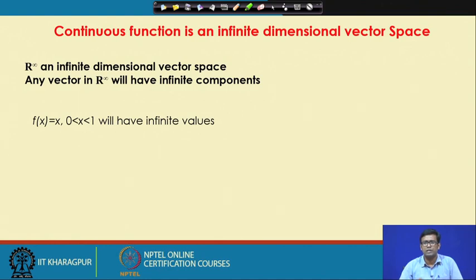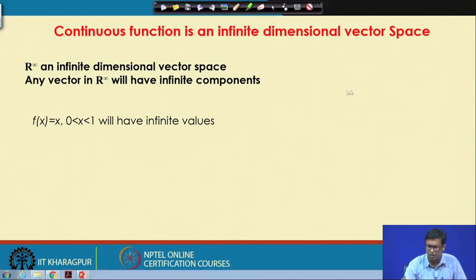It is a continuous function, and at each point it will have a different value, therefore it will have infinite values. If I think of a function f(x) equal to x, but any f(x) will give me, if I think of some f(x) which is like this.